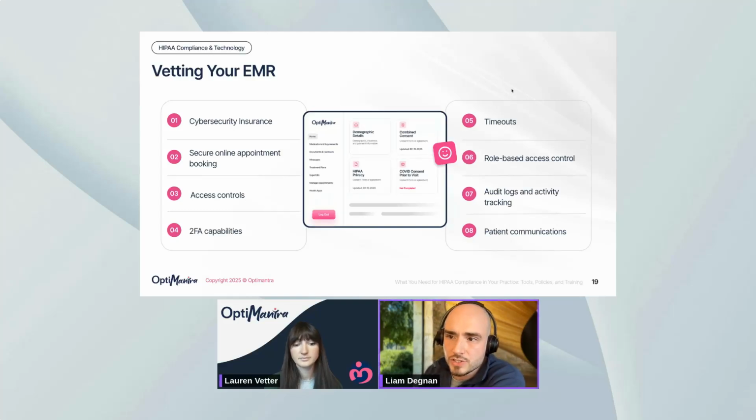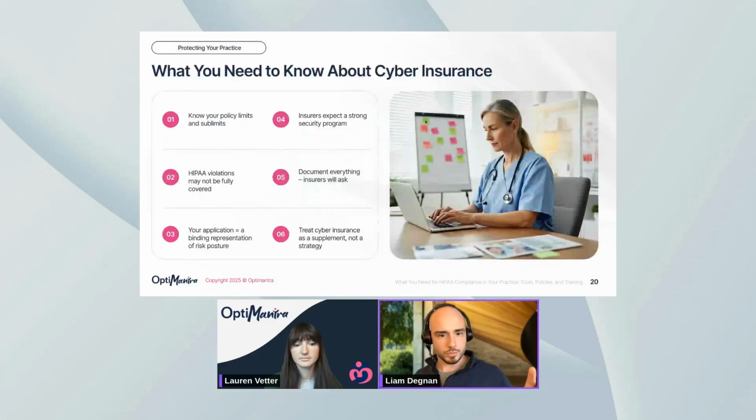We also get a lot of questions about what you should be thinking about when it comes to cyber insurance within your own practice. And there's a few things that I'll say about this. Cybersecurity insurance, for those of you that are super unfamiliar with this, is its own thing. And generally speaking, if you have a general liability insurance policy, cyber risk will be specifically excluded from that policy.